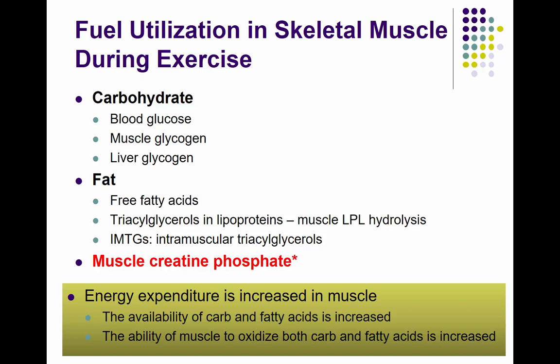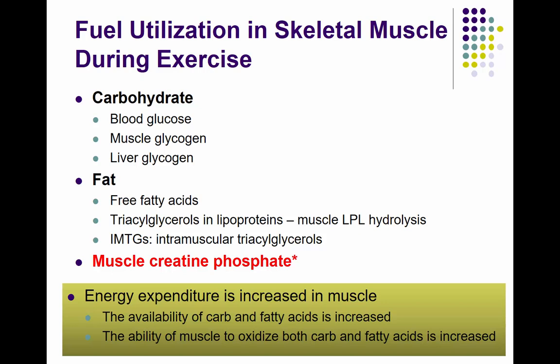So ketone bodies are not important fuels for exercise muscle. Again, exercising muscle utilizes carbohydrate, fat, and muscle creatine phosphate for energy. And muscle creatine phosphate is not an important energy fuel for muscle during resting condition, right?